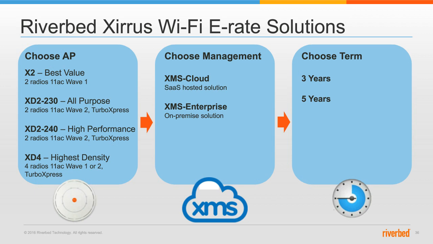It can be an easy way of running Wi-Fi to support those kinds of scenarios. We support either a cloud or an on-prem management, and then you can pick the term for your support or your subscription, either 3 or 5 years. So we make it easy to walk through and select the options that work best for you when it comes to deploying wireless in your school.